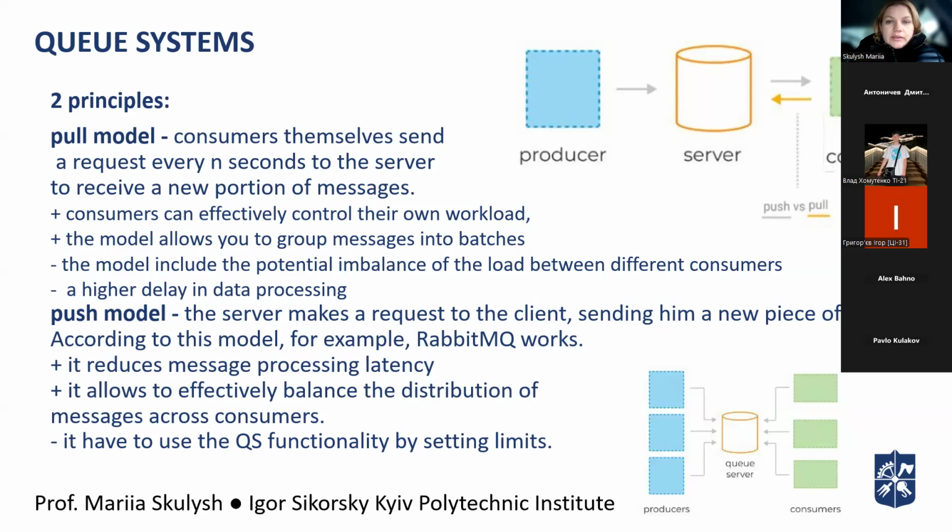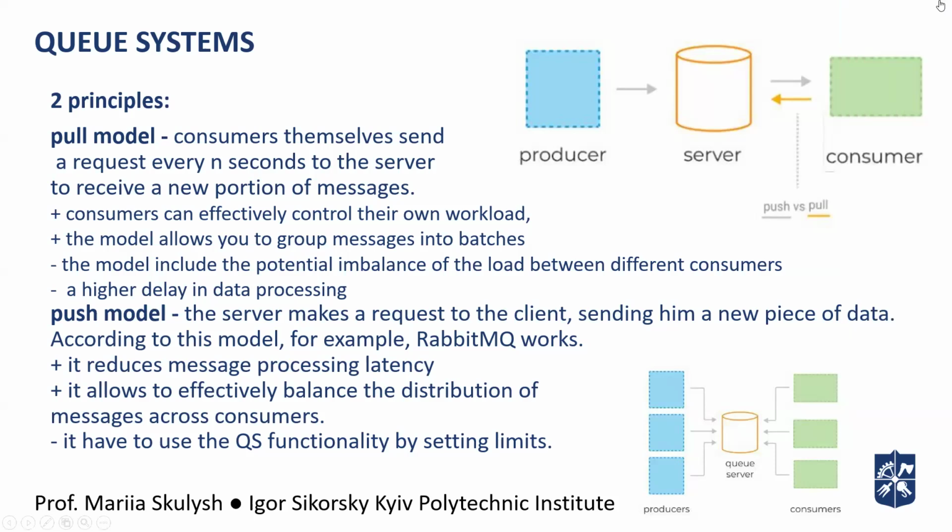The first principle is the pull model. The producer sends information to the server, and then the consumer requests or pulls information from the server.